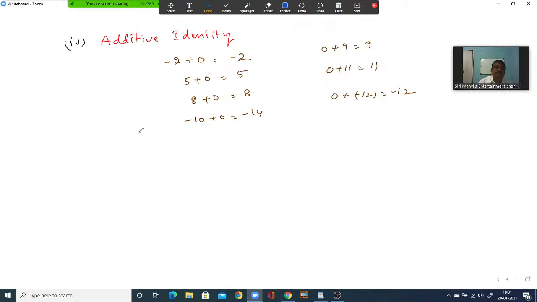On adding 0 to integers, do you get the same integer?